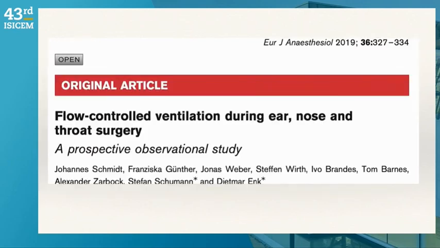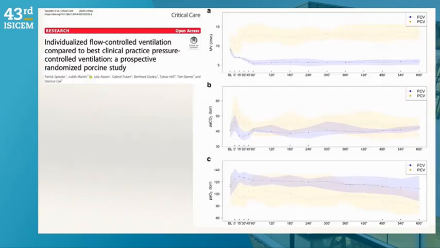Okay, there are also some observational studies. This is only for anesthesia. What is interesting in these animal studies is that you can get very good gas exchange, very good CO2 clearance, and very good oxygenation with a lower minute ventilation.